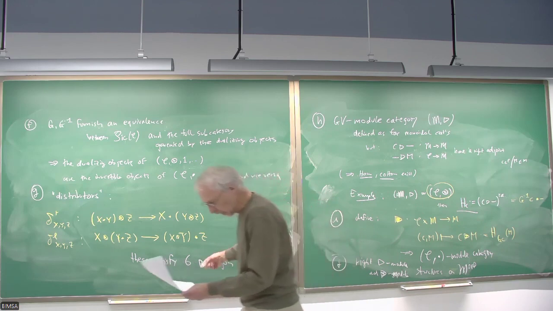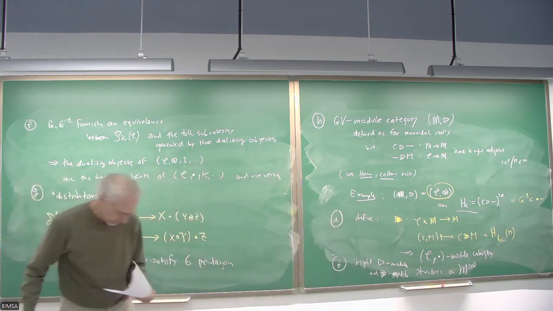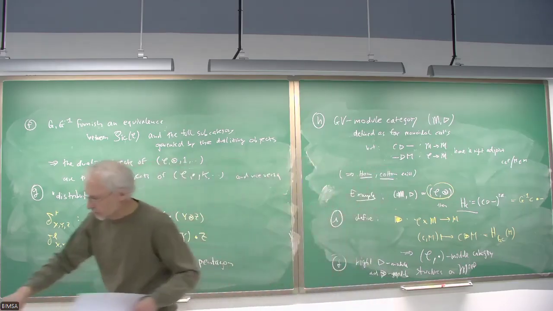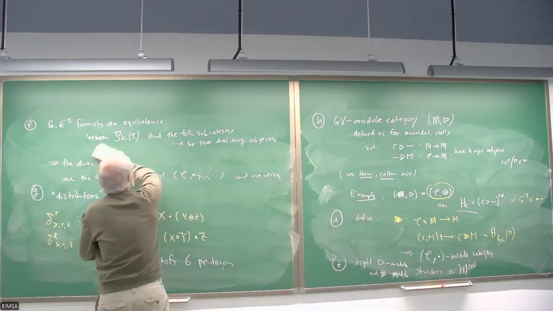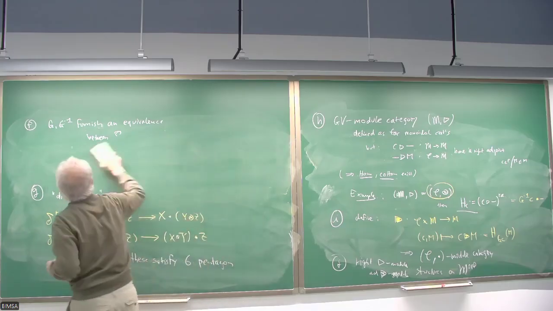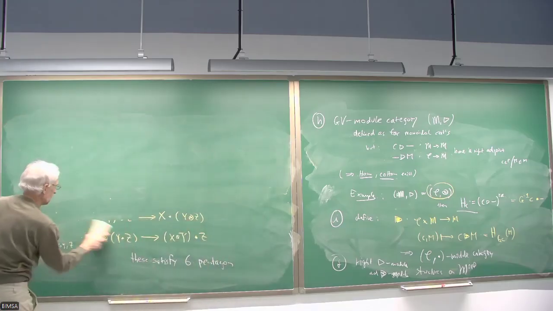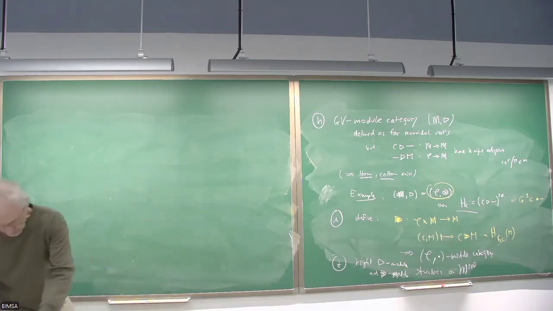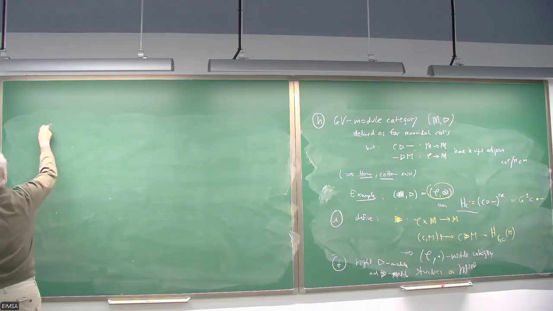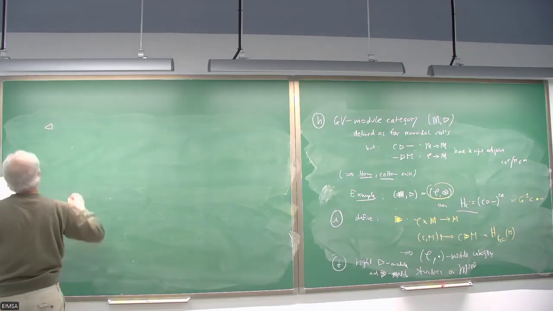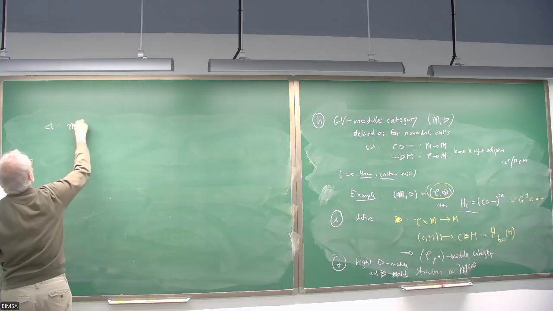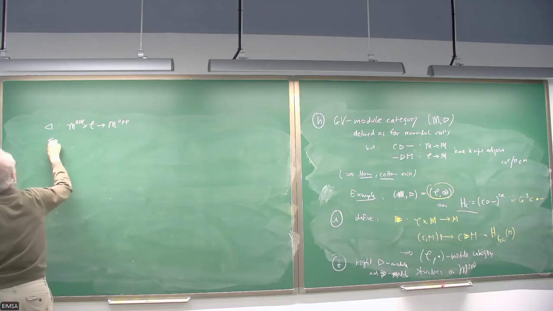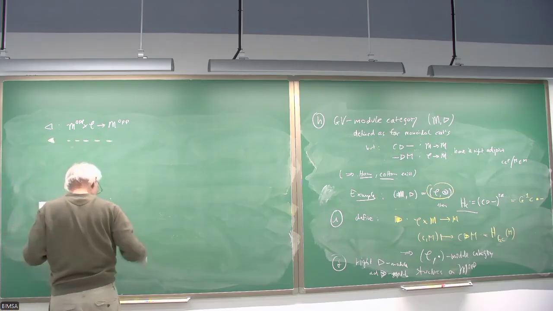You can give them explicitly, because it shows that when you go to the opposite, as you should expect, things are turned around. So you have a right action from M op cross C to M op, and another right action of the same form.